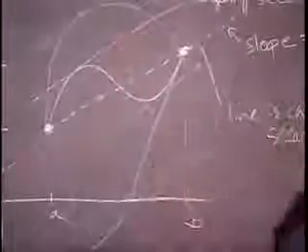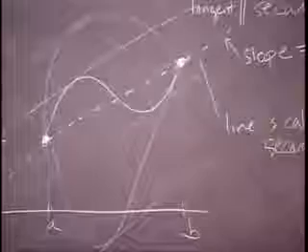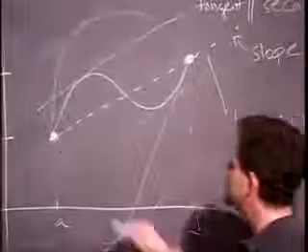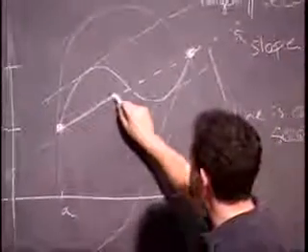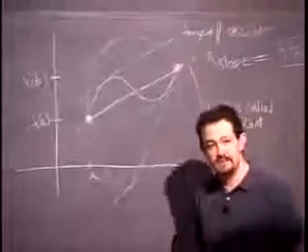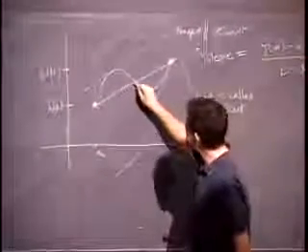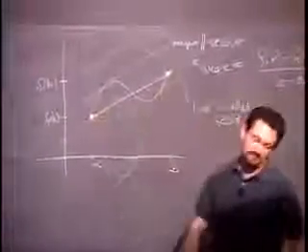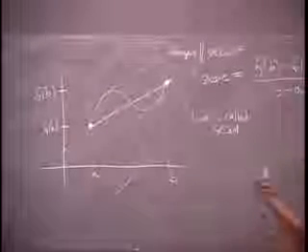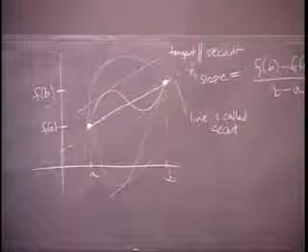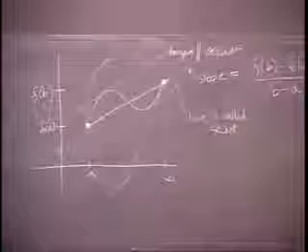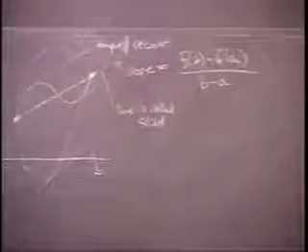All these lines are parallel to the secant. Of course, the extreme case is if the thing is just a line all the way up from there to there, and then every tangent everywhere is parallel to that line. The slope is always f of b minus f of a over b minus a. Okay, so that's called the mean value theorem.